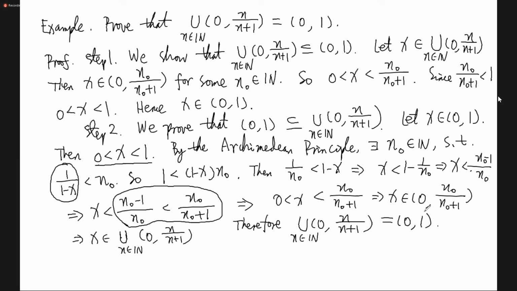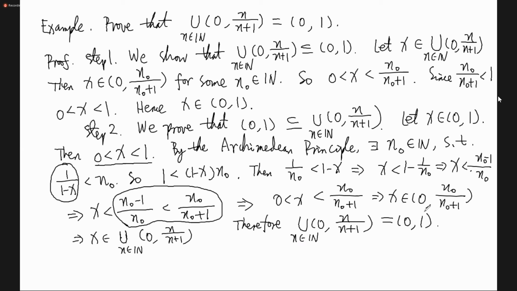Okay, so you can see from this argument why we choose 1 over 1 minus x less than n0. It is because this inequality eventually gives you that x is less than n0 over n0 plus 1. So this is the reason why we need to choose this.